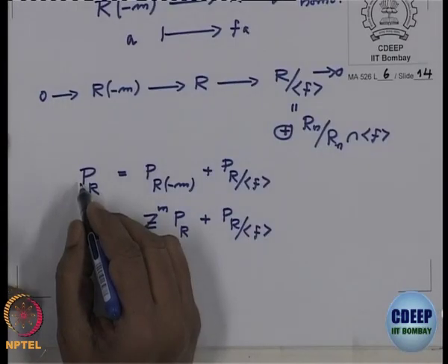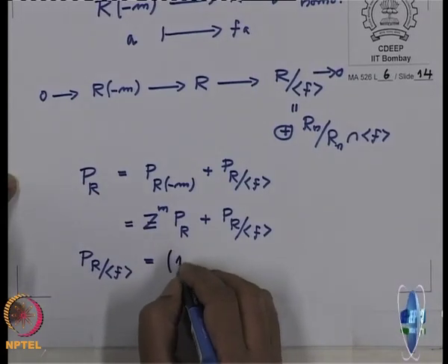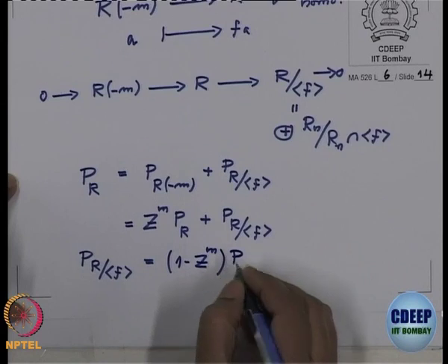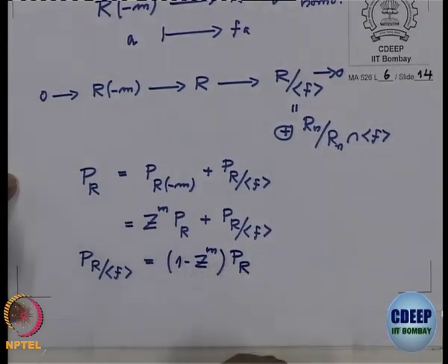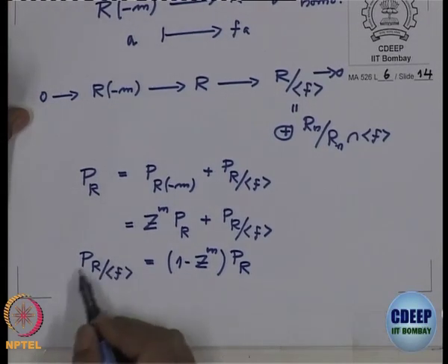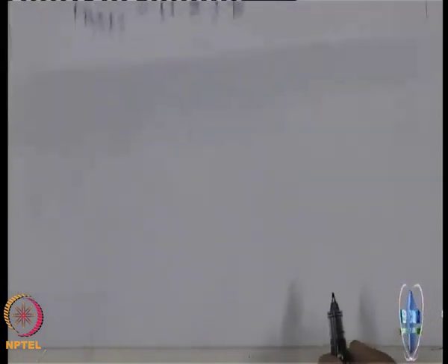So, P of R by the ideal generated by f, shifting this to the other side, is 1 minus z^m P_R. So, if you want to compute the Poincare series modulo f, then we have this inductive formula, right.